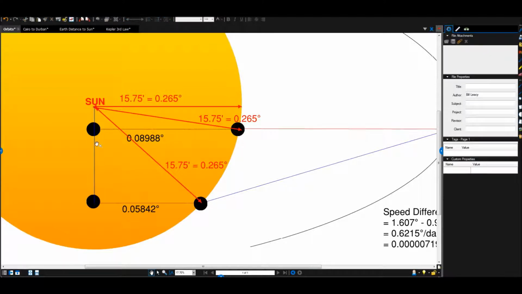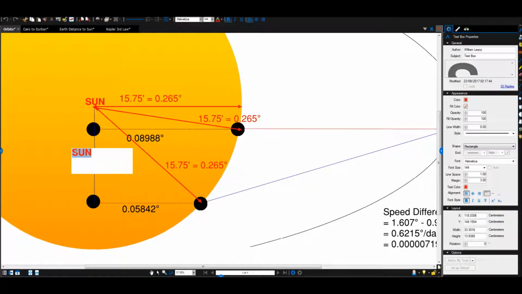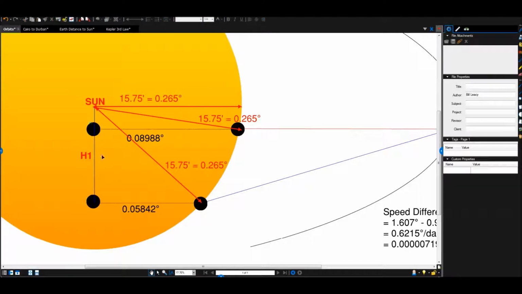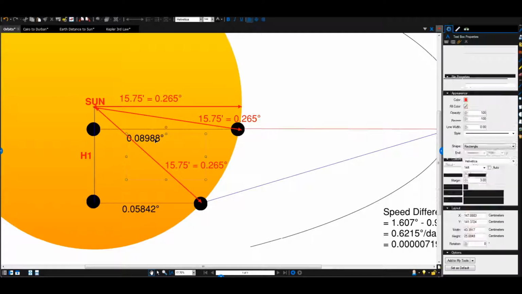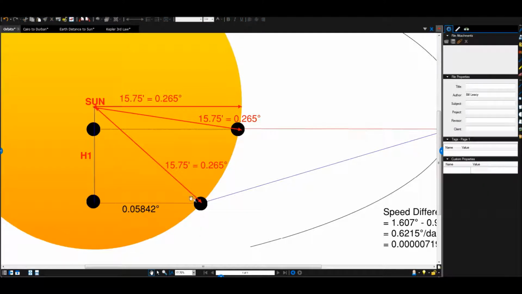So if we look here, let's call this H1, height 1. What is this height? Well, we have a triangle here, and we have the length of this side. Let's just get rid of this for a second. So we have the length of the hypotenuse and the length of one of the sides in a right angle triangle.